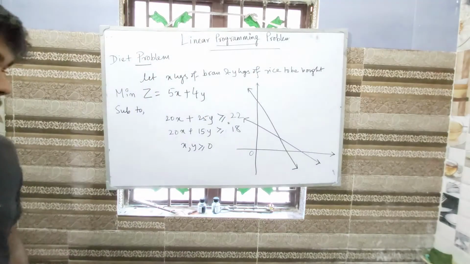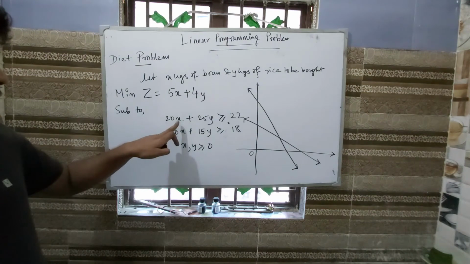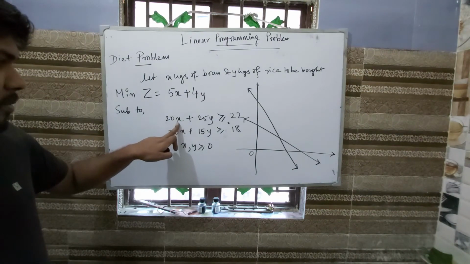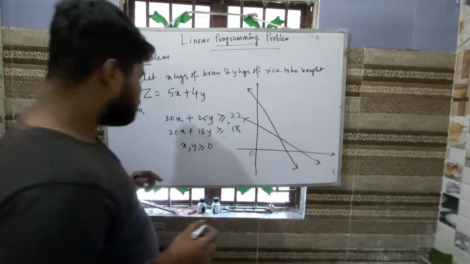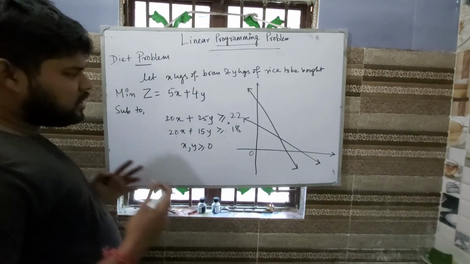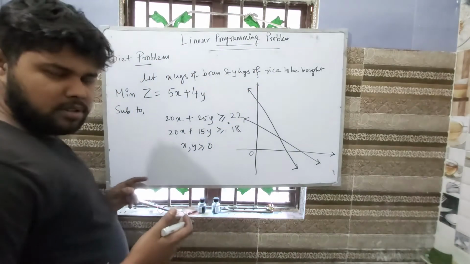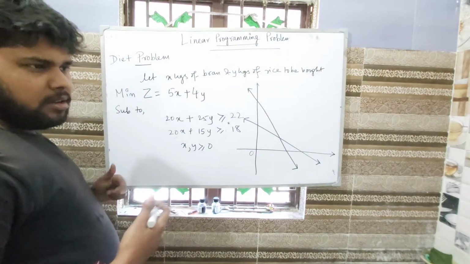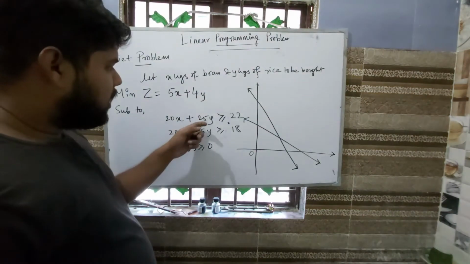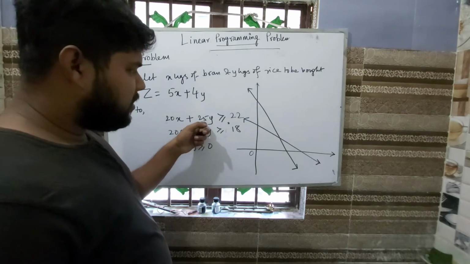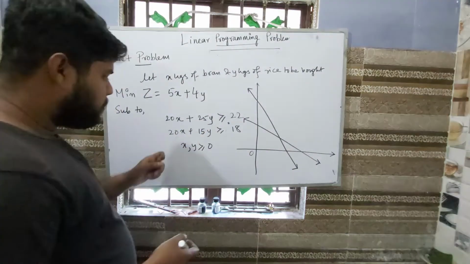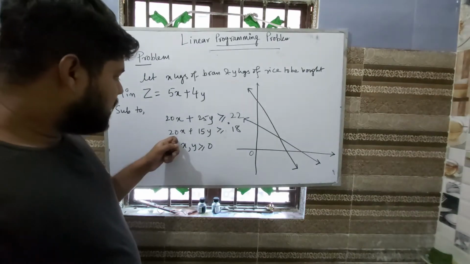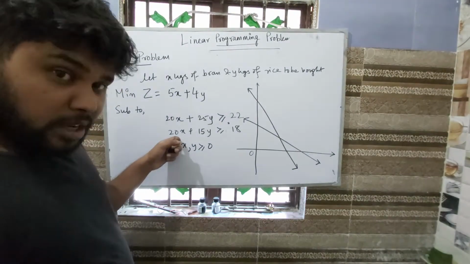Now just to give you an idea, this will become 22 by 20. So 22 by 20 is a little bit more than 1, and this is 22 by 25, so that is a little bit less than 1. This is 18 by 20, which is less than 1.